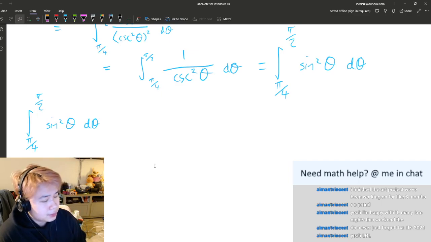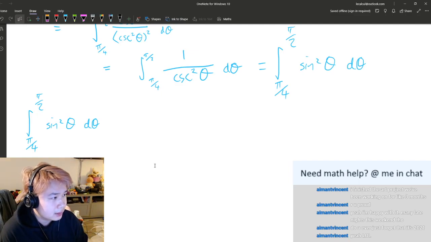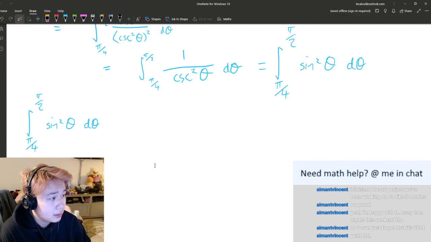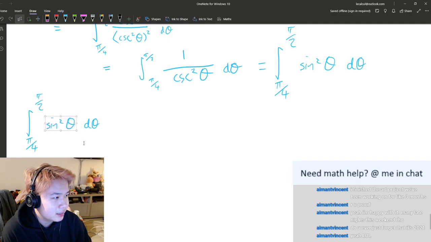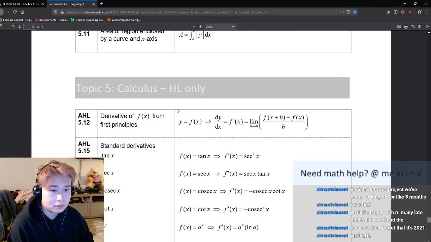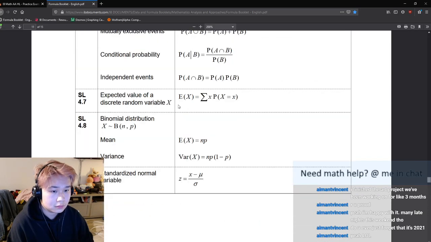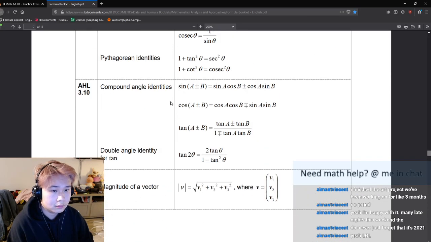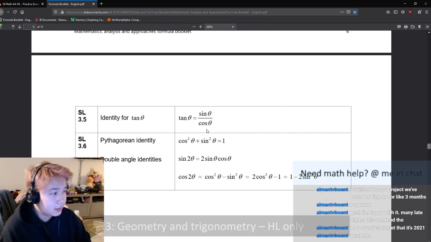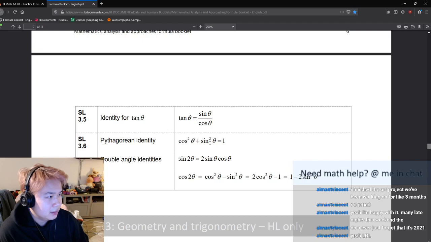Integration by parts won't work, I think, because it's just gonna keep being cosine squared and sine squared. You could use an identity, I guess. Let's see what's good. So I can use the Pythagorean one, but then I'm just gonna have cosine squared, which is the same issue.